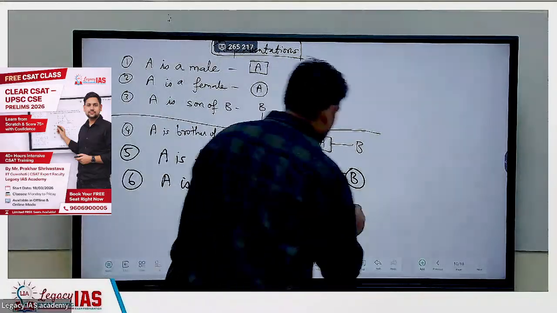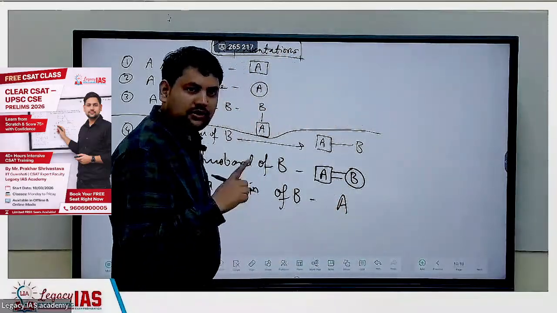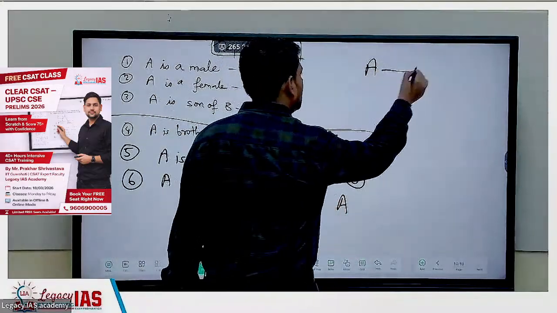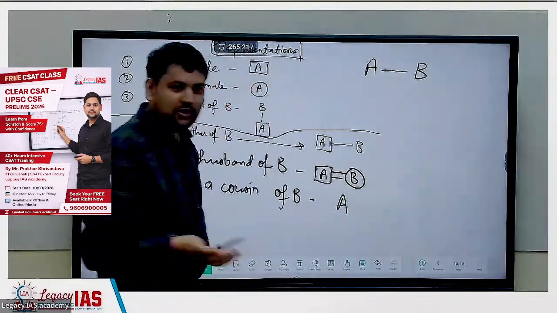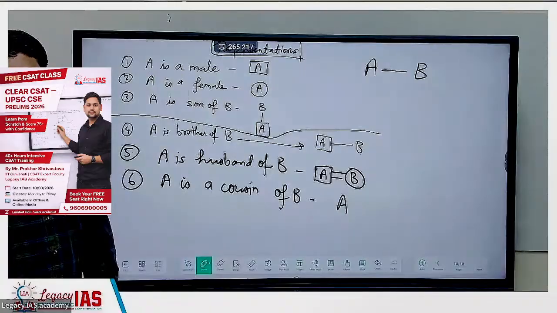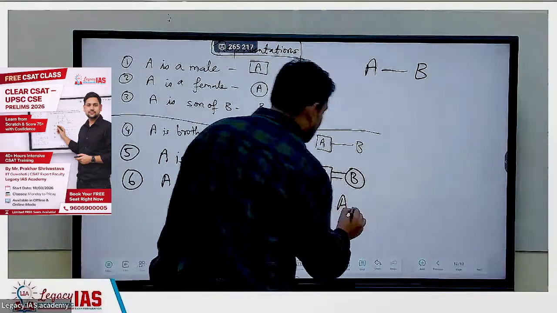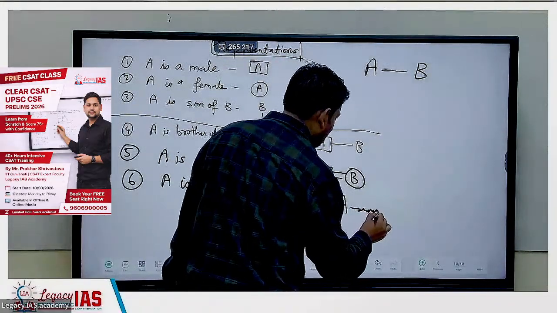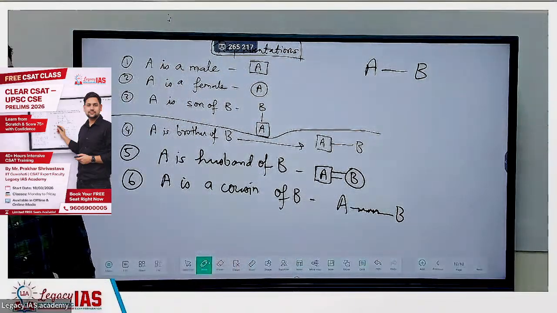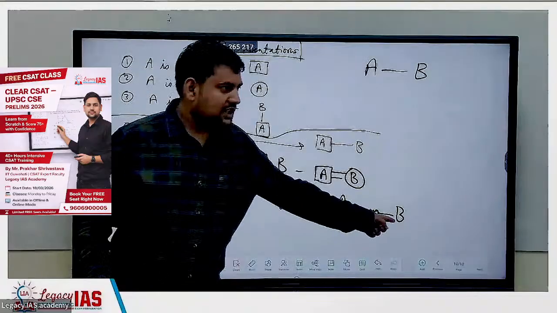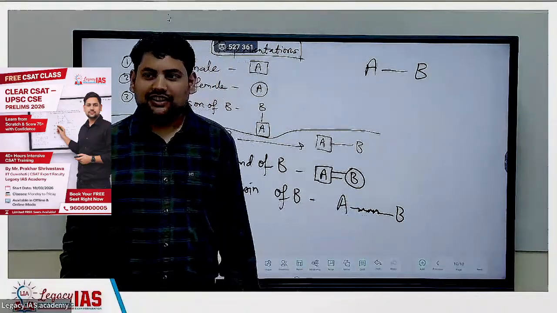So we drew sibling like this, A, B. In cousins, you won't have that good a relation with your cousins, at least some of your cousins. So we will make some friction in it. Okay. So this is A is sibling of B.